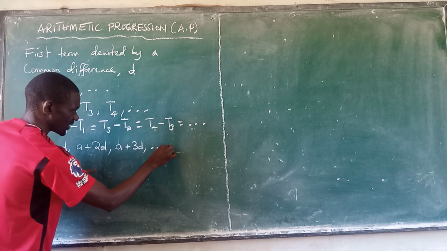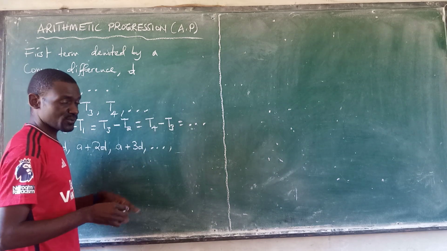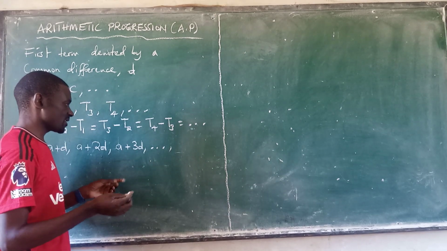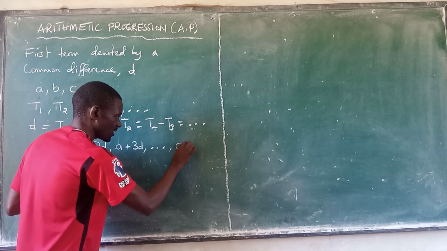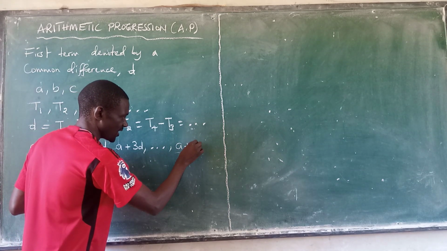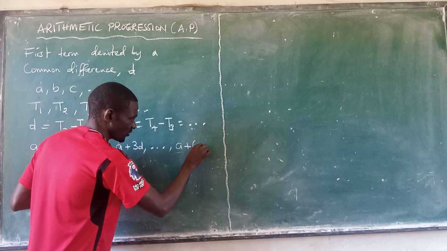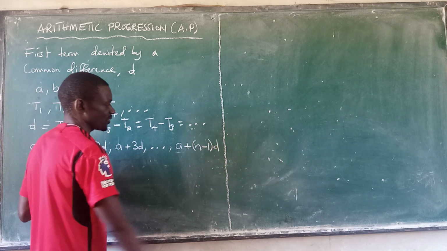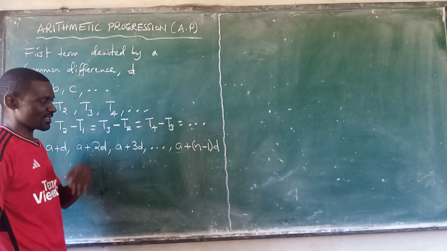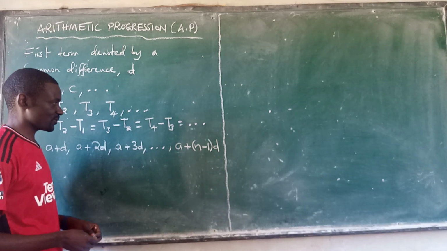And it goes on and on, up to the nth term. So what it simply means is the nth term is going to be A plus that n, you subtract 1, and then you get D. So this is how we are going to find it.